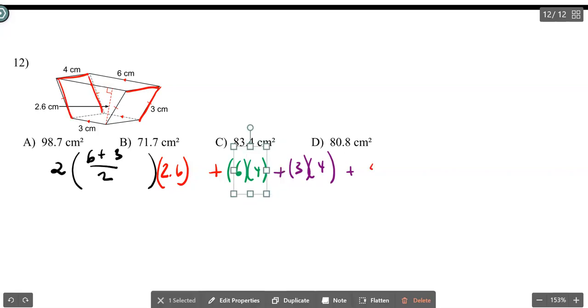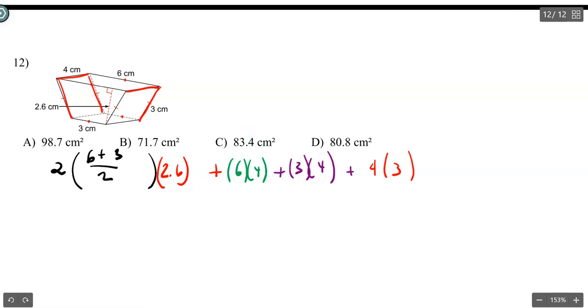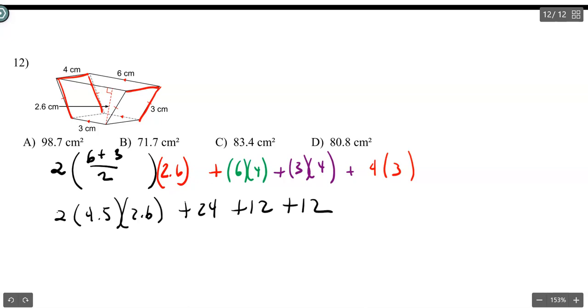So those are 12. And let's see if we can bust at least some of this out without a calculator. So that's 9 over 2. So I have 2 times 4.5 times 2.6 added to 24 added to 12 added to 12.